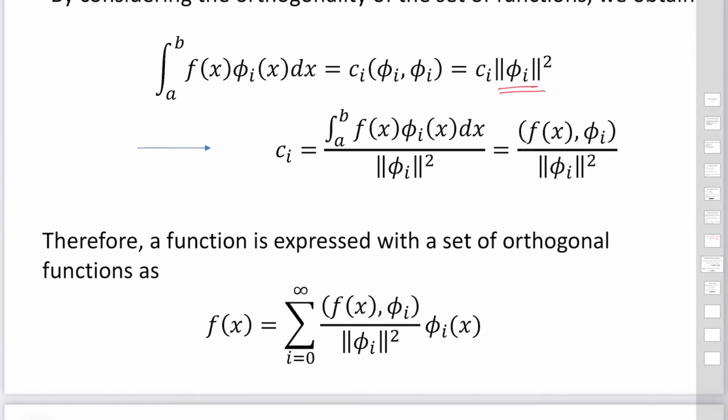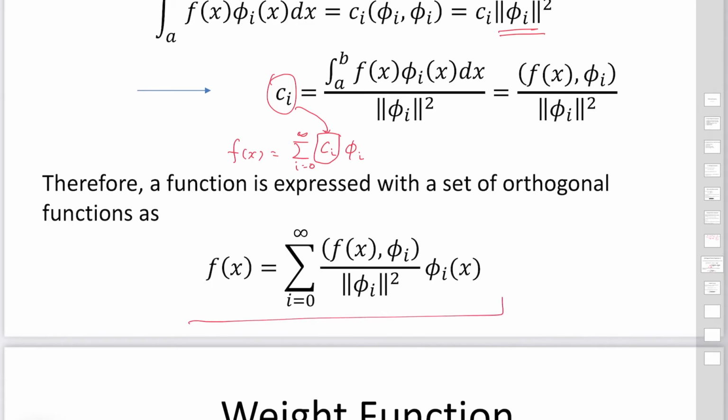You can substitute this c sub i into the expression for f. So f of x is the sum of c sub i phi sub i from i equals 0 to infinity.